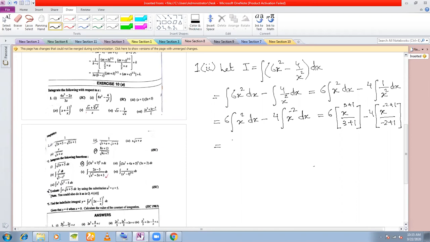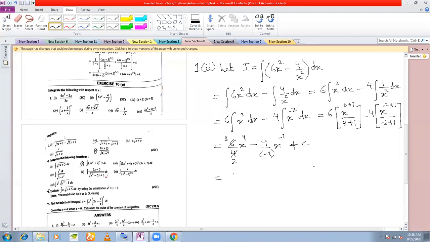So this becomes 6 by 4 x to the power of 4 minus 4 by minus 1 into x to the power of minus 1. So this becomes, if you cancel this, 3, 2, and you add a constant of integration also.